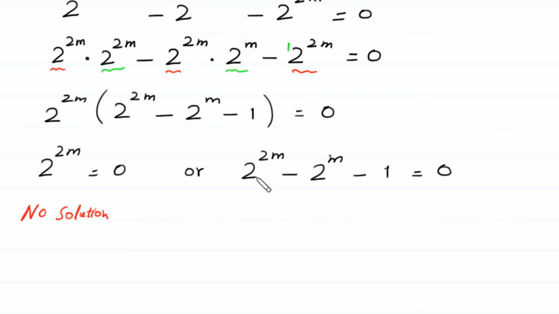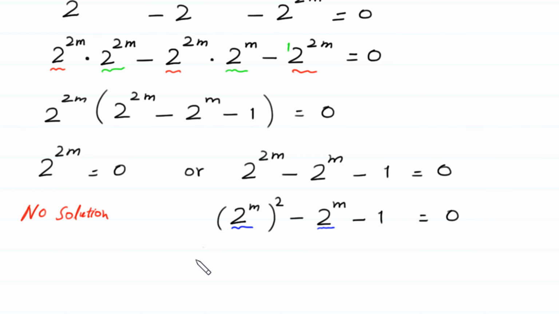And from here we can write 2 to the power 2m as 2 to the power m, whole to the power 2, minus 2 to the power m minus 1 is equal to 0. Now here we have 2 to the power m and here we have 2 to the power m.